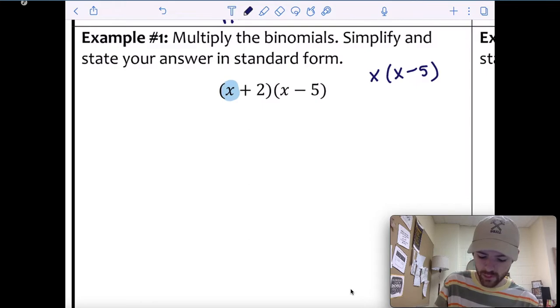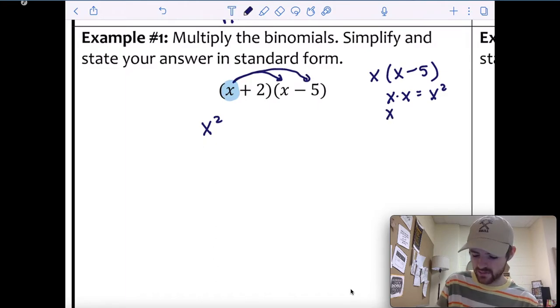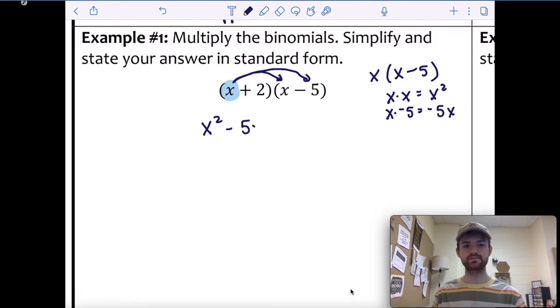We would multiply x times x to get x squared, and then x times negative 5 to get negative 5x. Just like so.